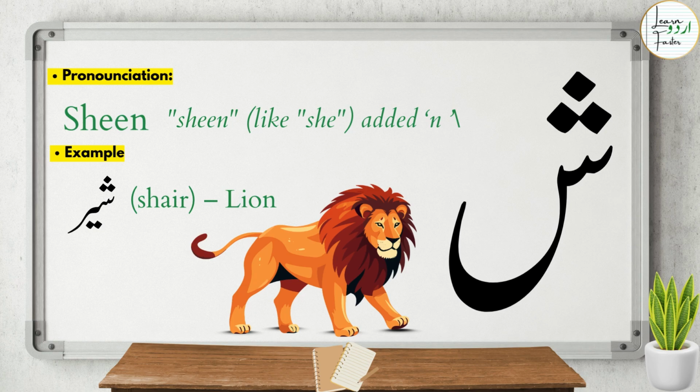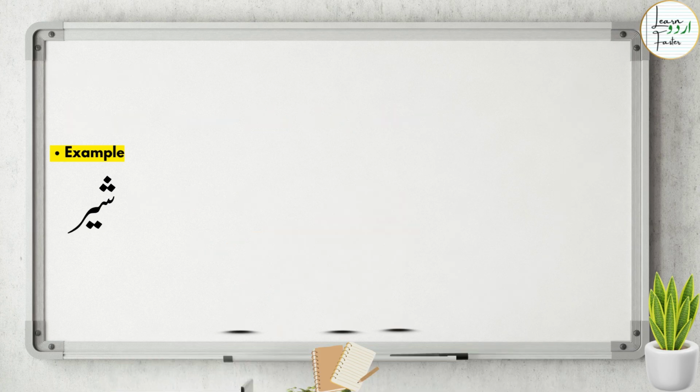Repeat with me, Sheen. You can think of it like she with an added n. One example is sher, lion. Sheen is different from Seen as Sheen has three dots, nukte, over it.